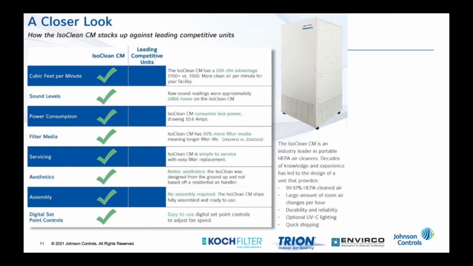Aesthetics, a lot nicer on the CM. It's a painted white unit, very clean lines. The competitive unit was covered in labels. We have all of the required labeling, so just much better for your general aesthetics in a space.